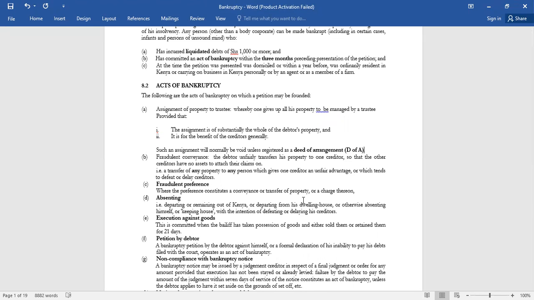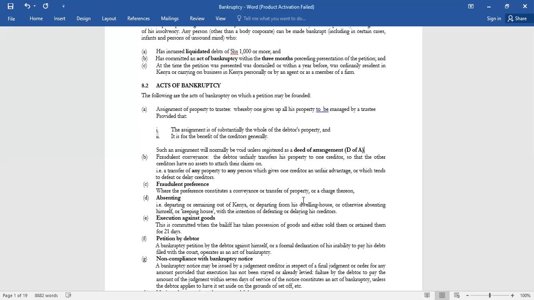In other words, if it defeats the purpose of you showing the creditor that you are going to pay back the obligations you owe them, they can present a petition. Are we there? So the transfer of any property to any person who gives one creditor an unfair advantage or tends to defeat or delay the other creditors is an act of fraudulent conveyance. And this can culminate into you being declared bankrupt.